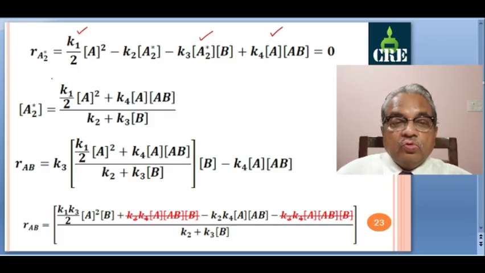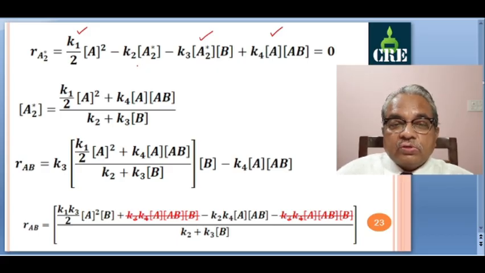So you rearrange this. A2 star, you can transfer this side and this will be plus sign. So A2 star into K2 plus K3B. This I bring in the denominator, and what is left here is minus K1 by 2 A square plus K4 AB.